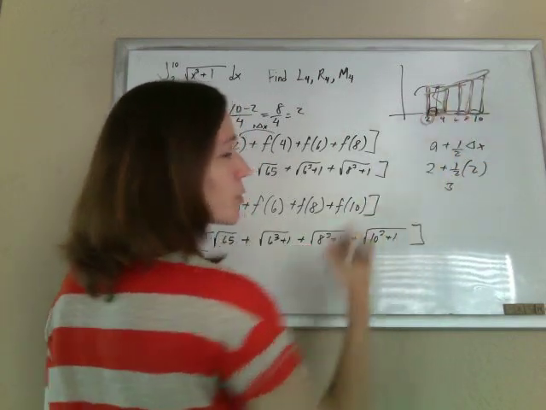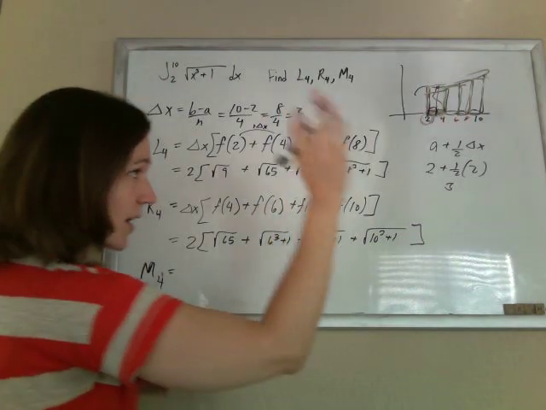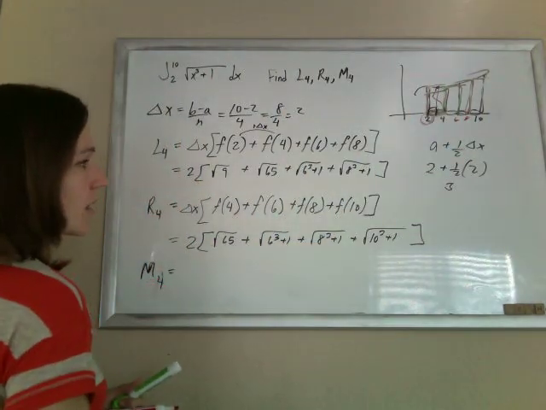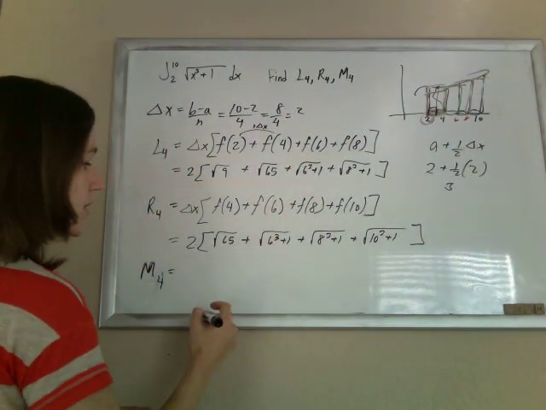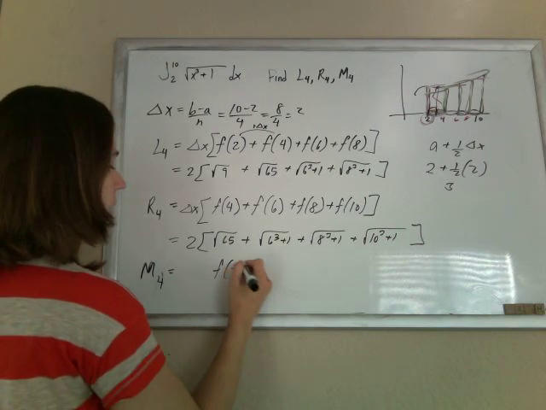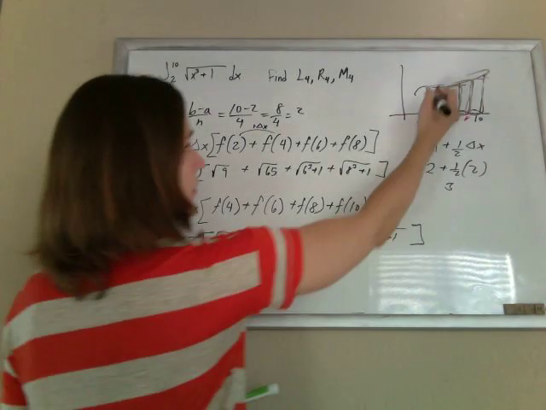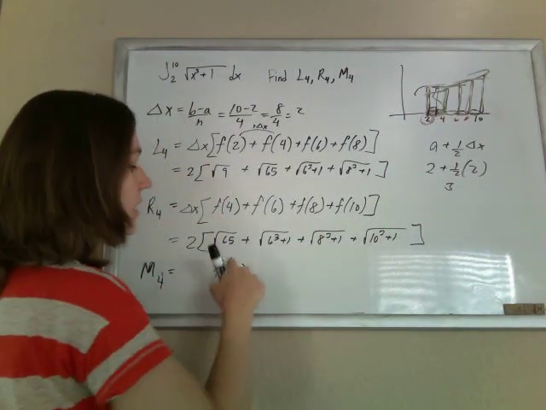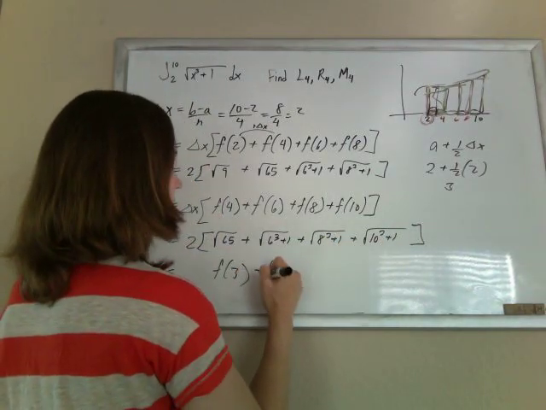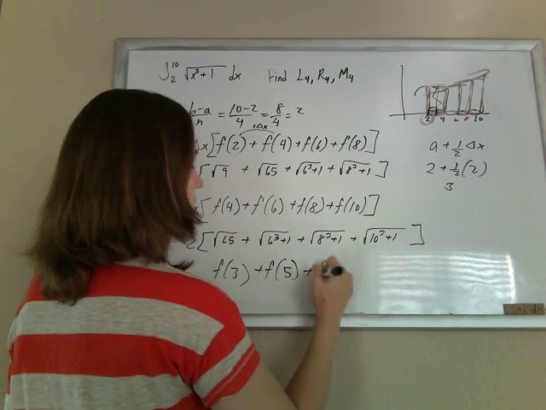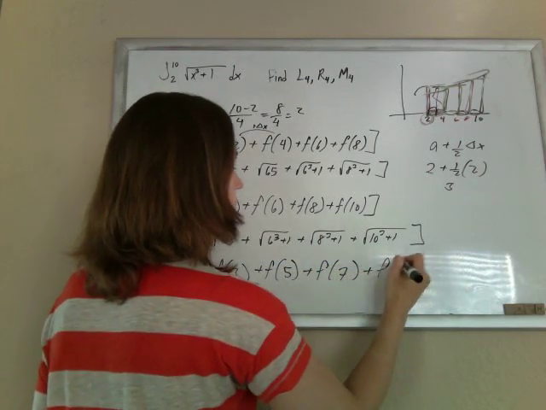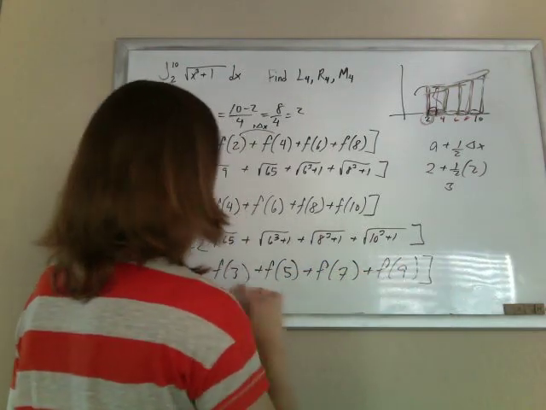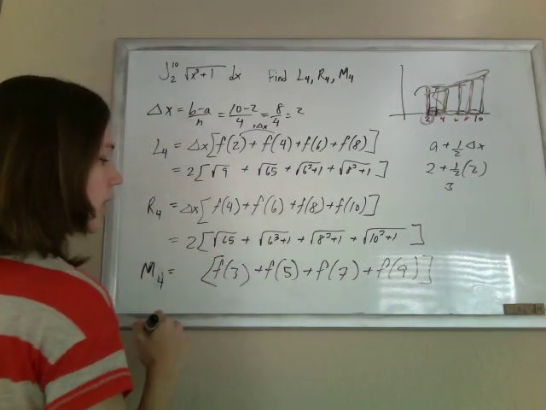And you can see it from the picture, but when these things get nasty, you don't have to draw a picture if you can just think of what's going on. So my first height is f of 3. And then once you've got your starting spot, just keep adding delta x until you get the right number of heights for your rectangles. We wanted 4 heights, and we got that.